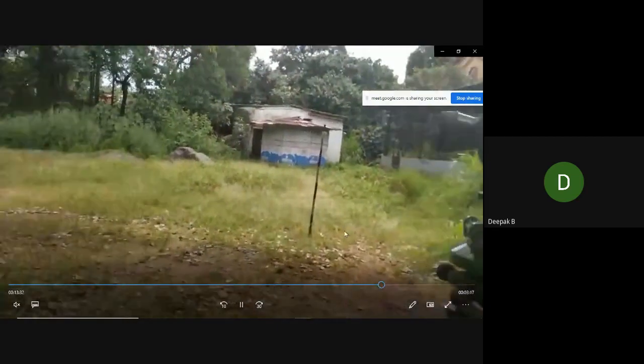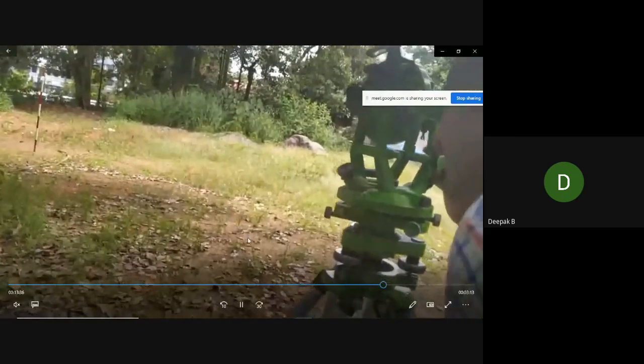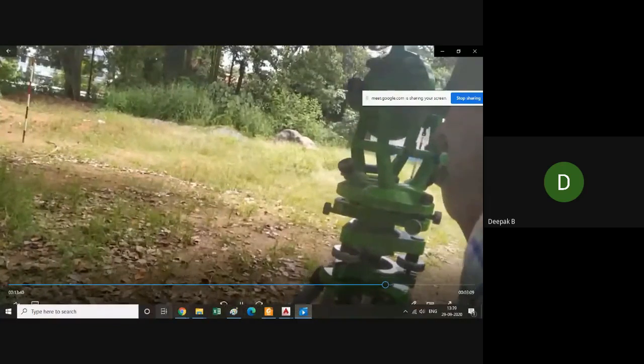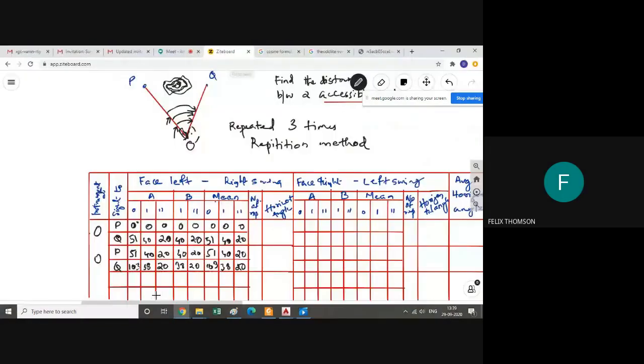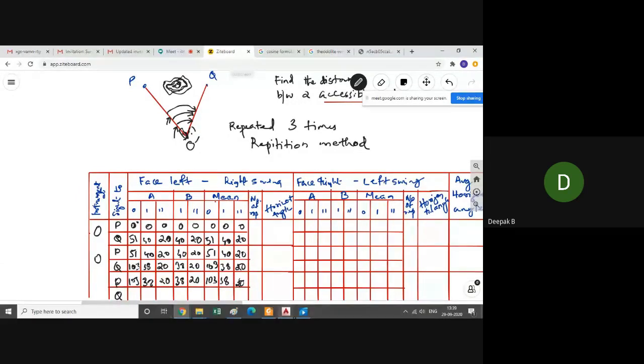Reading change ആകാതെ rotate ചെയ്ത് he is looking to the point P. So what will be the reading at point P now? 103, 38, 20. Here 38 minutes, 20 seconds. The mean will be 103, 38, 20. Now we will again view the point Q.